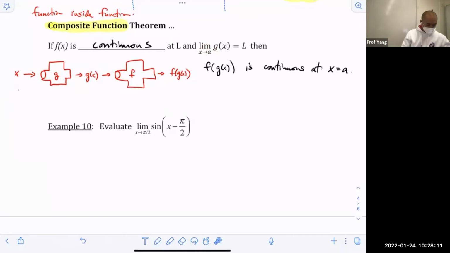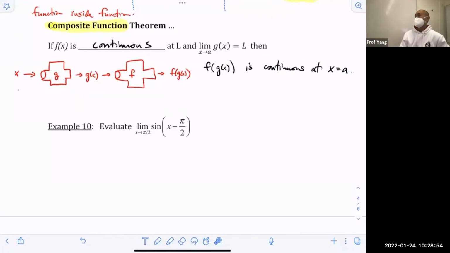So it's almost like we're taking an a and plugging it in right here, and the output of this, where does it look like it's going? It looks like it's going to L. And then you take that result and you plug it into f, but you already know f is continuous at L. So it's already continuous at this input value. So what this theorem is saying is, if you know this part is continuous and the limit of this part is equal to L, then if you looked at the composite function, that is, you first did g, plug the result of that into f, that composite is continuous. So that's all this is saying.